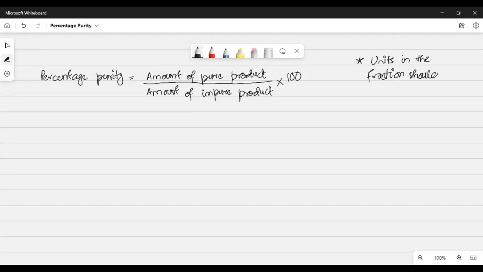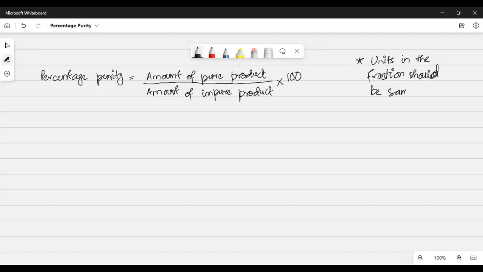Which means that if you're taking mass in the numerator for pure product, you should be taking mass in the same units for impure product in the denominator. For example, if you're taking grams in numerator, take grams in denominator. If you're taking kilograms in numerator, take kilograms in denominator, even if you need to change.